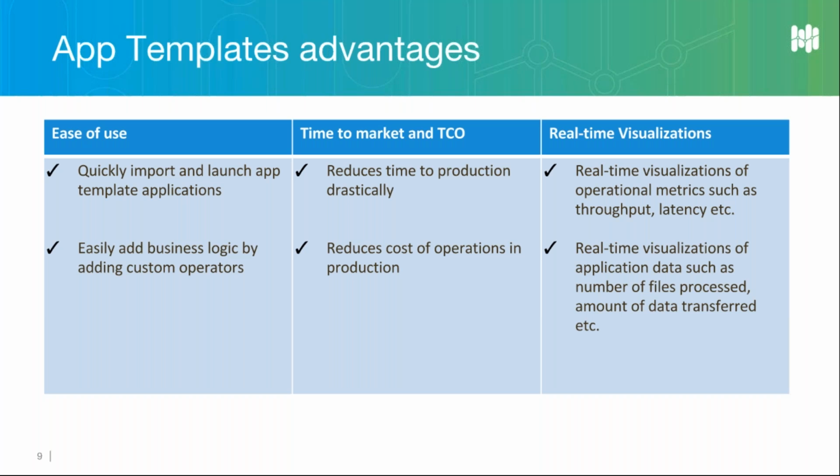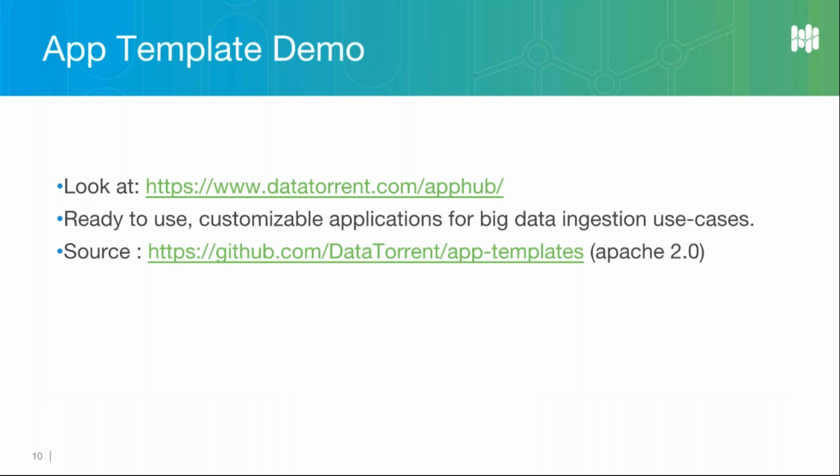Which also reduces the time to production drastically, and the cost of operation in production is reduced, because they are already well tested and have fault tolerance support built in with the platform. Then we also have real-time visualization metrics shown: operator level metrics, application level metrics, throughput, latency, etc. We show that in the UI.